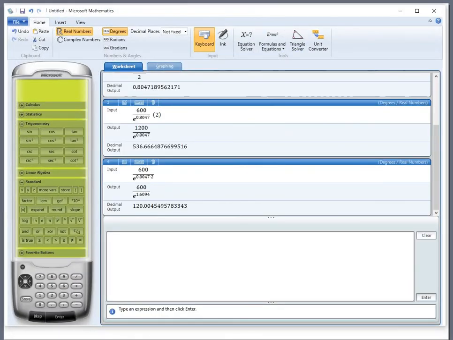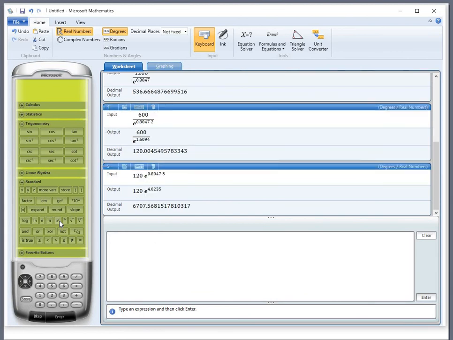So we've got 120 times e to the 0.8047 times 5. So there's about 6,708.